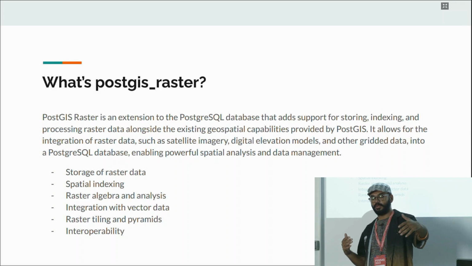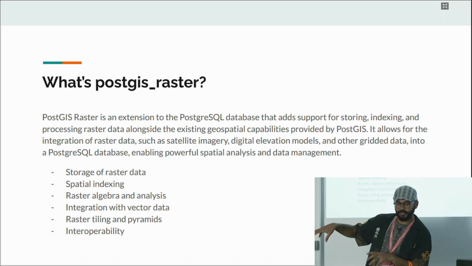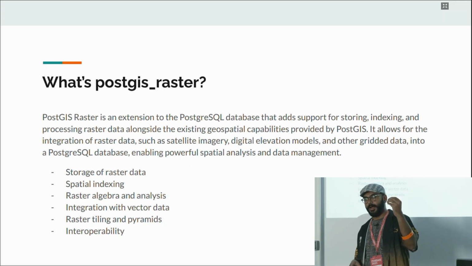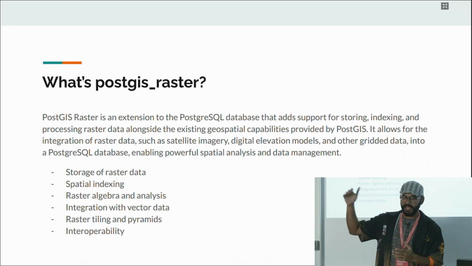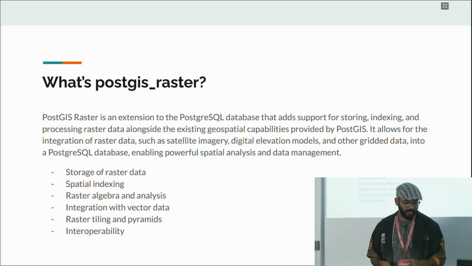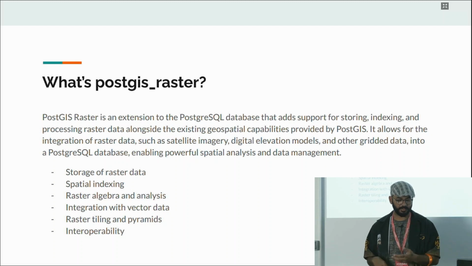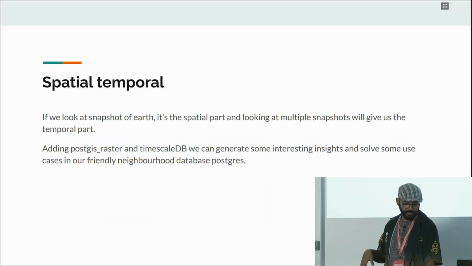So you can combine your raster data with your vector data, doing spatial joins: I want all the tiles within this particular shape, or I want the pixel value at this particular point. I can do all of that, and I can also do aggregate functions like mean, median, and standard deviation on my raster data. Just to quickly read this out: storage of raster data, spatial indexing, raster algebra analysis, integration with vector data, raster tiling pyramids, and interoperability.